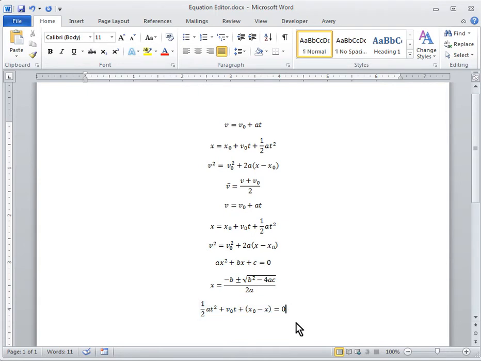But you now could write an equation for t as a function of this constant here, 1/2 a, and this constant here, which was b for v0, and this constant here, which is x0 minus x, which is c. And you have a general solution for the time at which that equation is true.